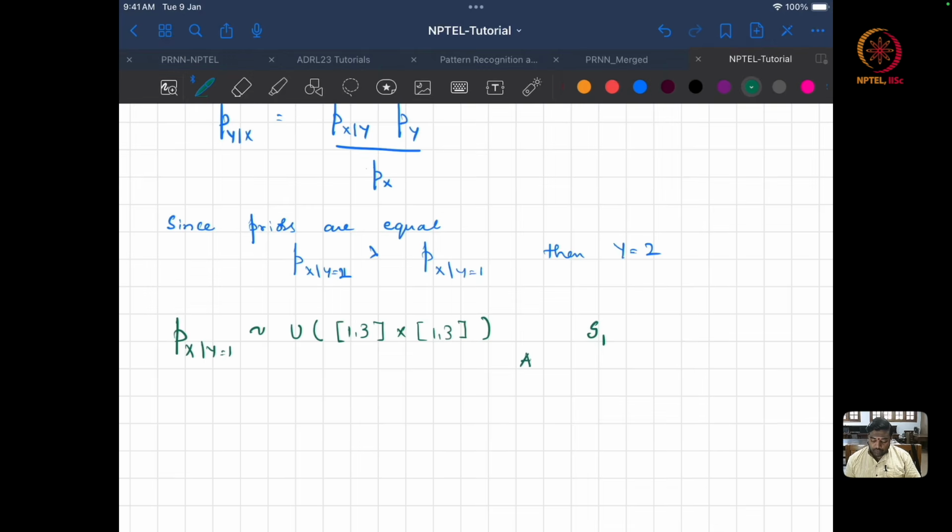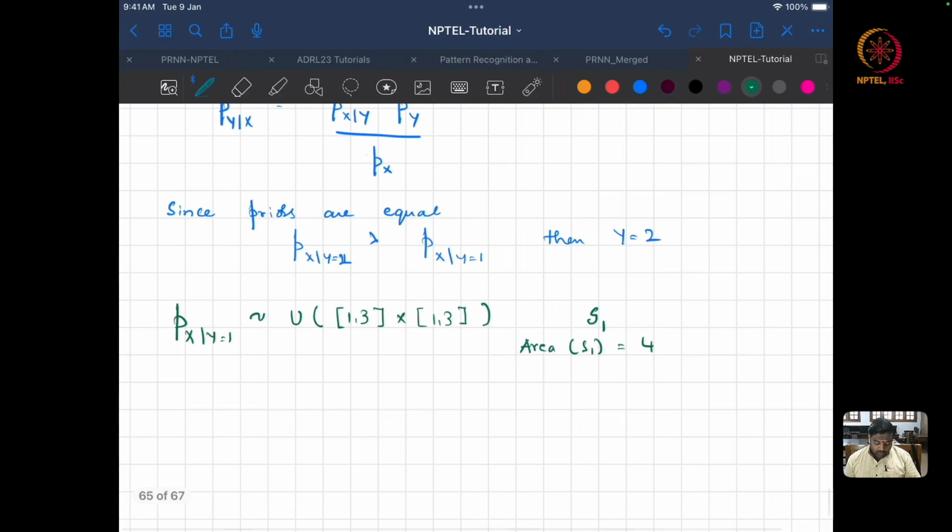The area of S1 equals 4. So how will our class conditional density be? It equals 1 over 4 for x belongs to S1, 0 otherwise.